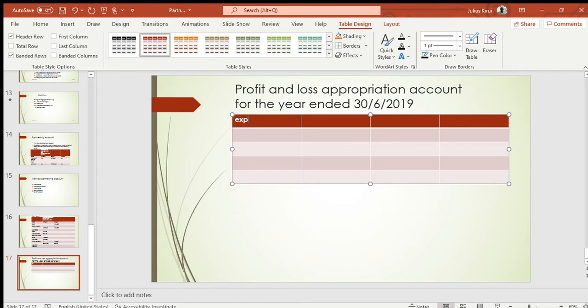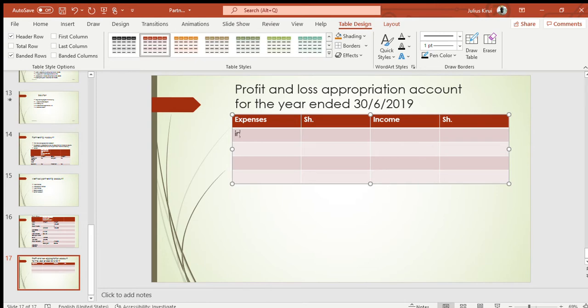We have expenses, amount. So our amount is shillings, is it? Expenses, no, this is income, amount, which is our amount is what? In shillings.